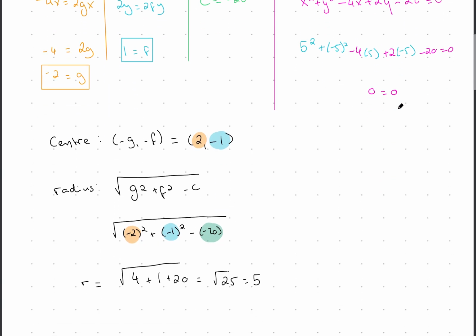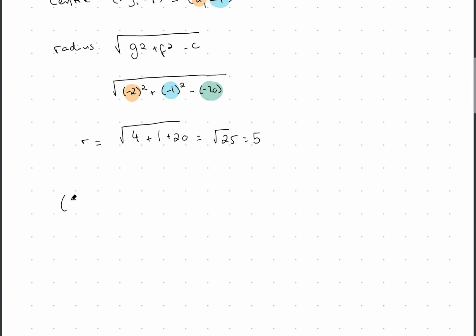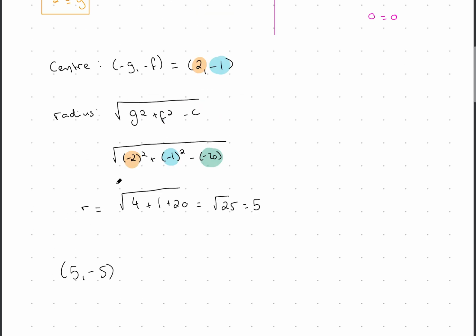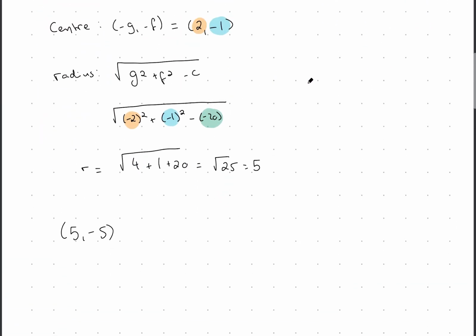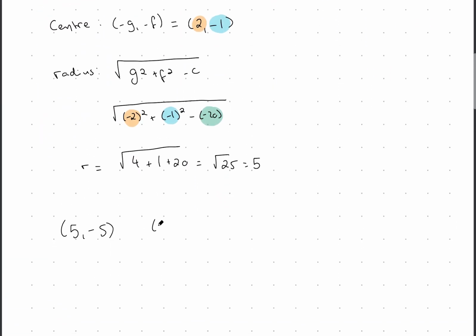So now we need to find the distance between our point, which was 5, minus 5, and our centre, which was 2, minus 1.